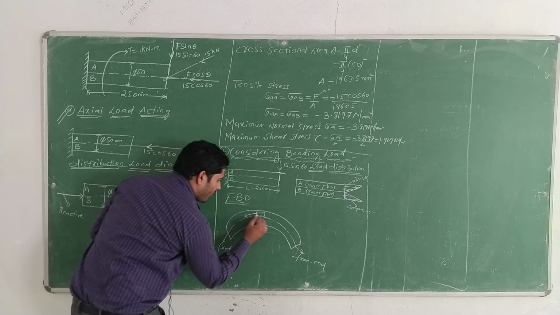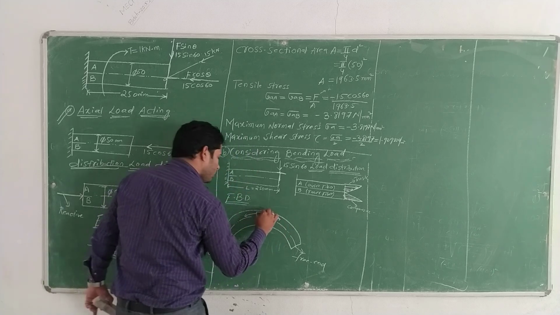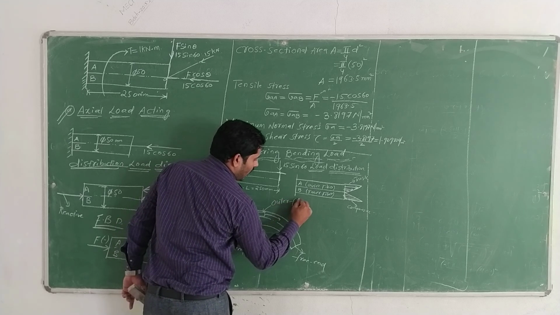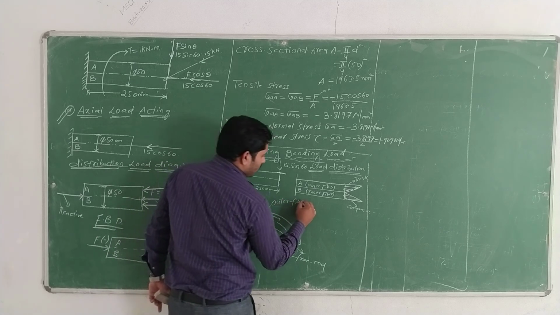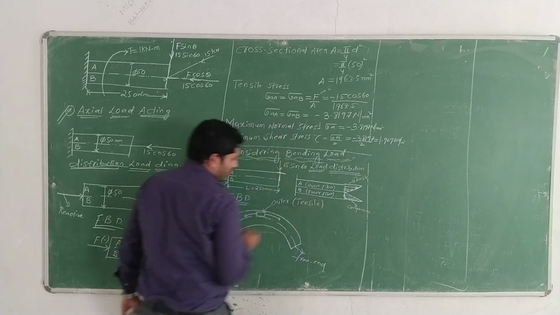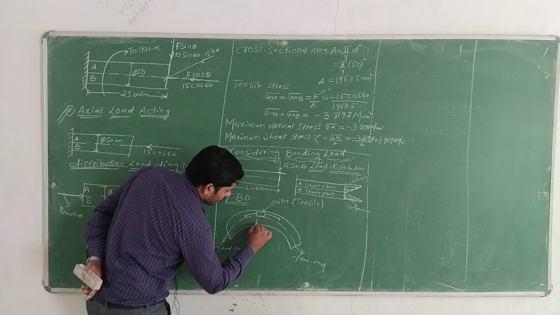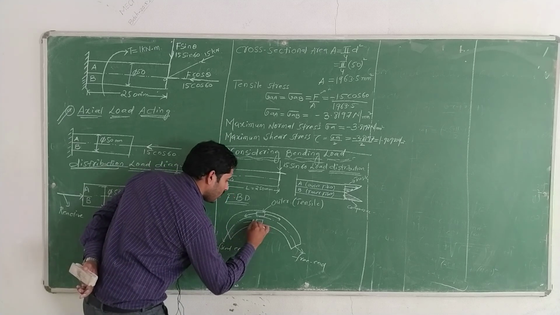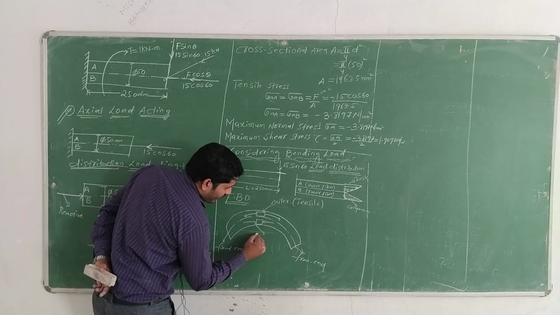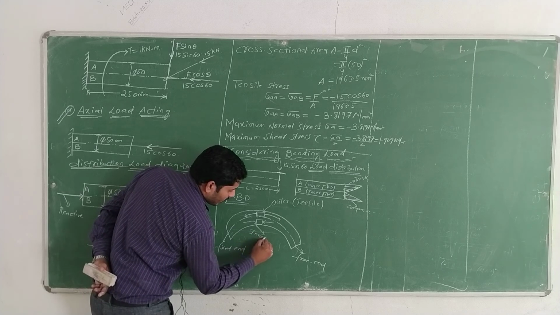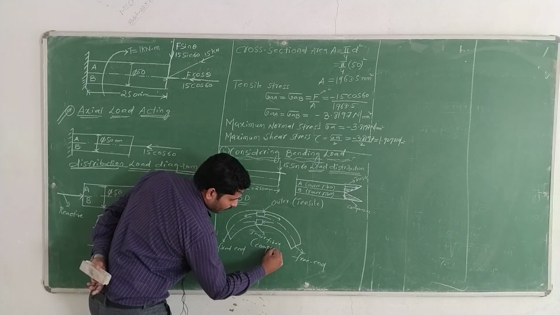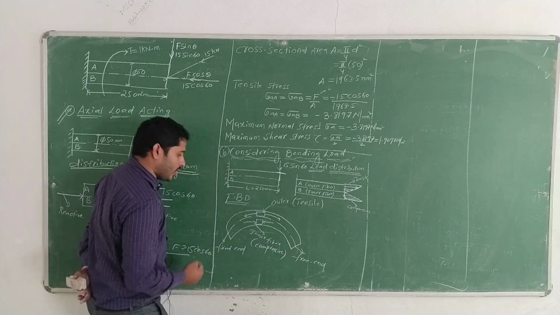What is the nature of the outer fiber? Tensile nature. Below we can say is the compressive or inner fiber. The inner fiber is of compressive nature.